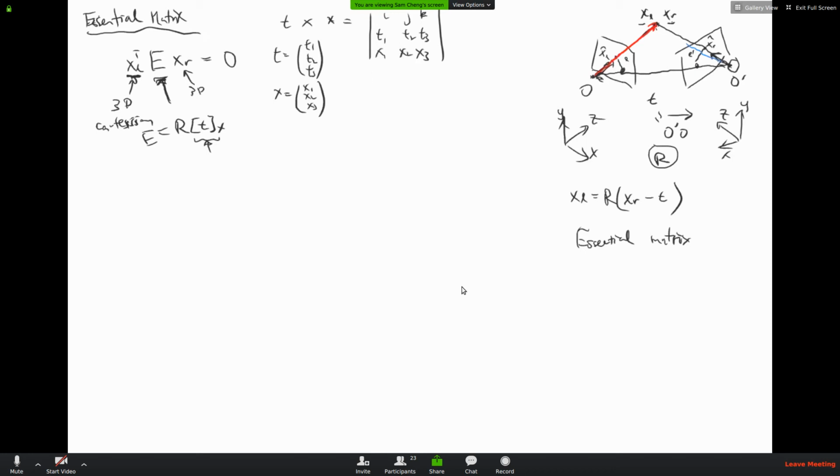So T multiplied by X is also a vector, and maybe I can write it in this column form, like a determinant.